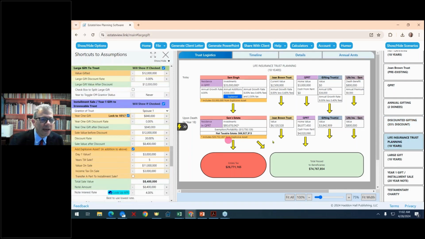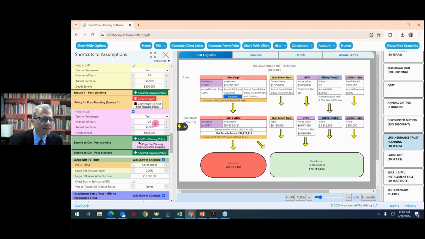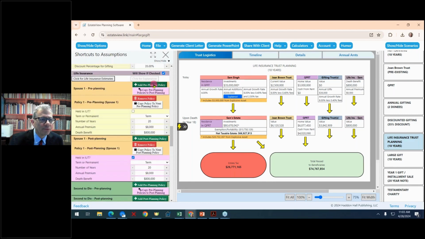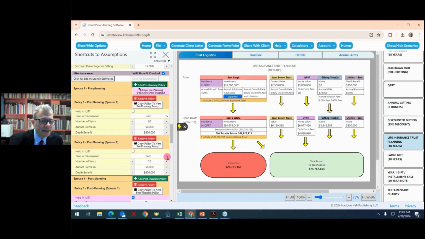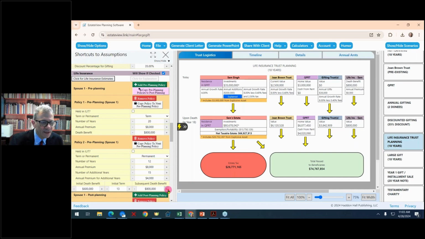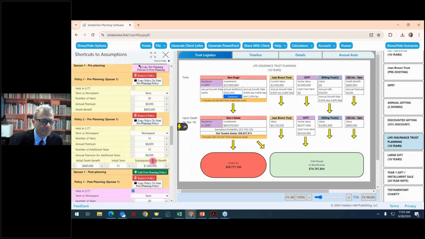Now, I can go back to life insurance and I can add as many policies as I want. So let's add one more pre-planning policy. And let's say that this policy is a permanent policy. They're going to pay $8,000 a year for 12 years and then $4,000 a year for 15 years and have a $1 million death benefit.